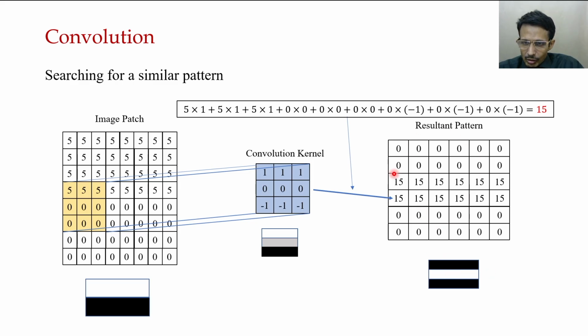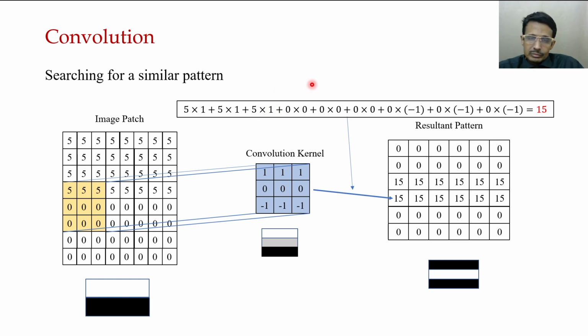By visualizing this we can say there is some sort of horizontal line here, because you can see here it's a 5 and there are zeros. In this way, the convolution operation tries to find out some very primitive patterns, like a horizontal line, maybe a vertical line, a slanting line or whatever. In this way, convolution is done.